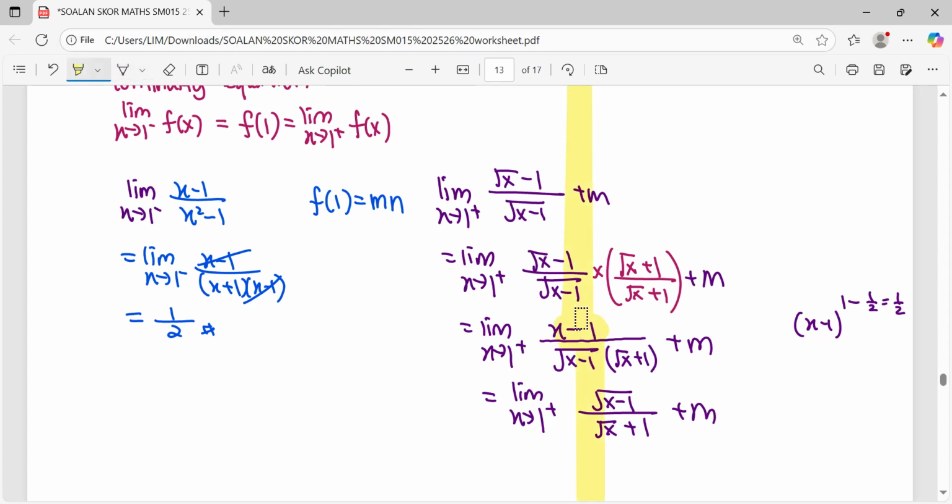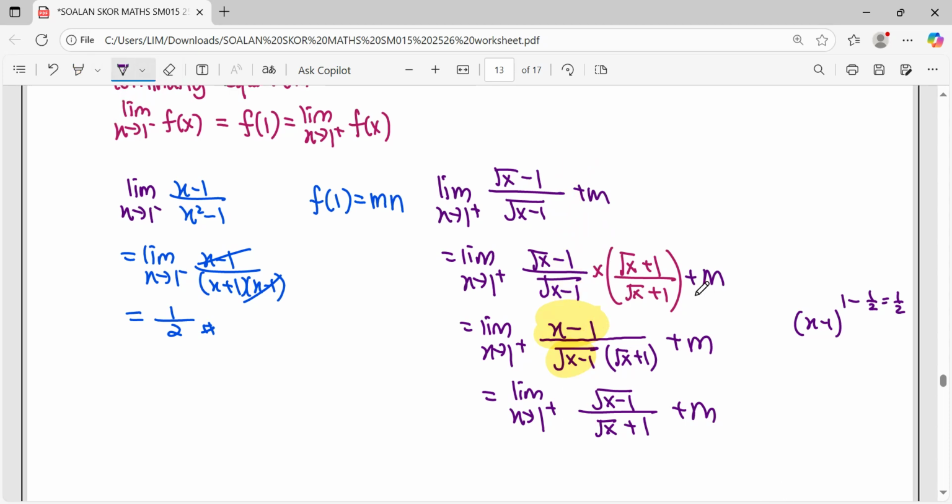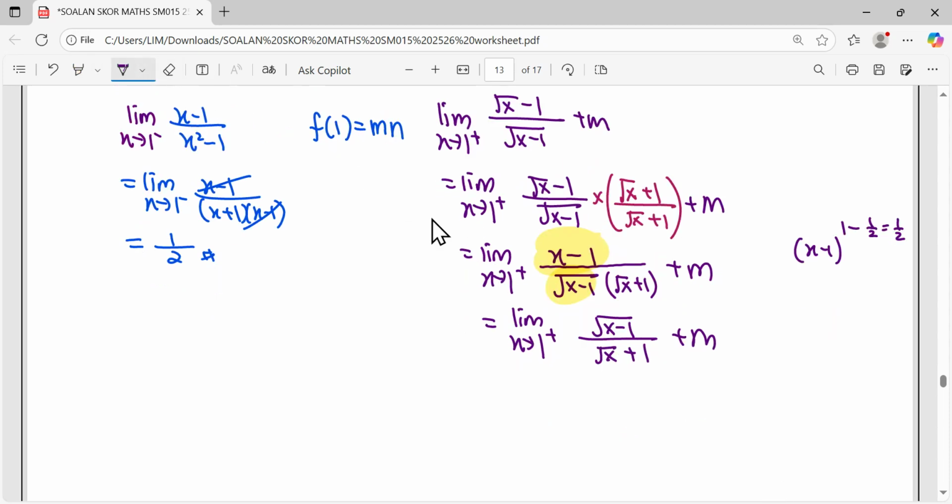You can see x minus 1 and square root x minus 1, they are the same. Once you simplify this, you can evaluate the limit again, substituting inside. It will be 0 over 2 plus m. So 0 over 2 plus m is 0 plus m, so m.